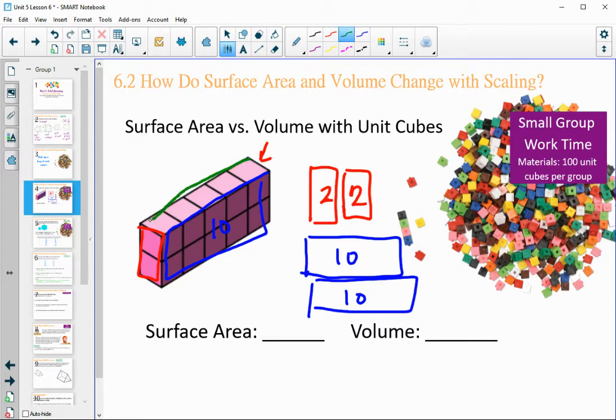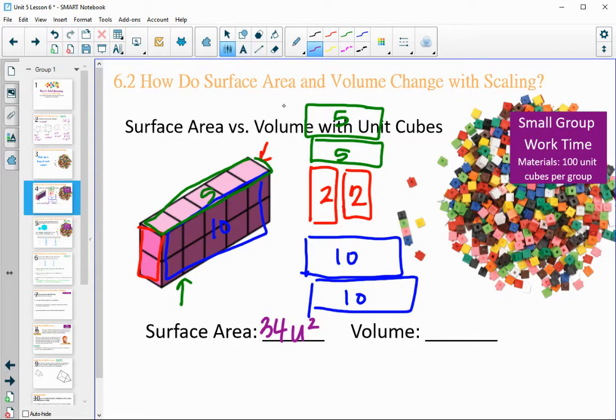And then the top has 5, and there'd be another one under here, the bottom, so we'd have 2 of these with 5. Then you could just total those up, and that would be the surface area. When we're looking for surface area, we're counting the boxes along the sides. So 4, 20, 30 for the surface area for this example, in units squared.